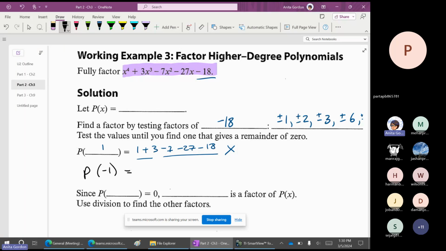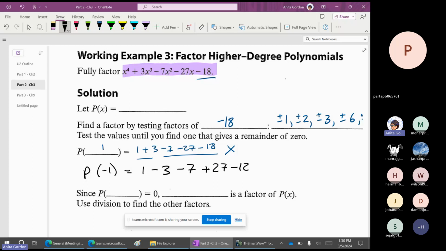What happens when I do a negative to an even power? It becomes a positive number, and if it's raised to an odd power, then it's negative. So this is positive 1, negative 3, minus 7, positive 27, minus 18.